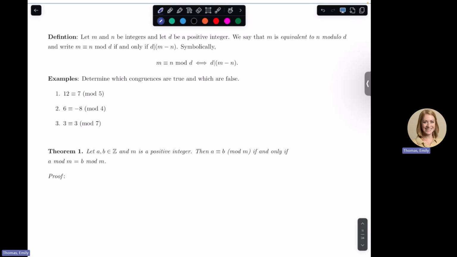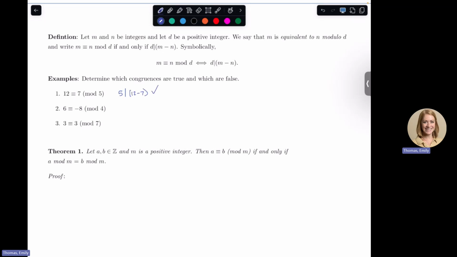Okay, so we would like to determine if these things are true or false. That 12 is congruent to 7 mod 5. So what we said before was that they have the same remainder mod 5, and that's true here, right? But you can also say 5 divides 12 minus 7.